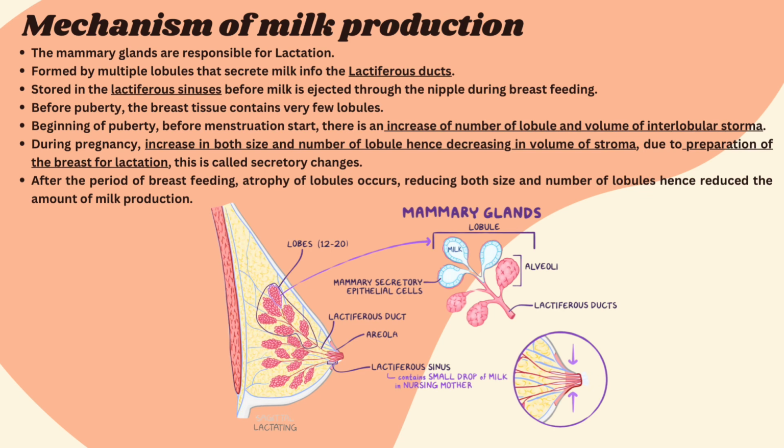This is called secretory changes. After the period of breastfeeding, atrophy of lobules occurs, reducing both size and number of lobules, hence reducing milk production.